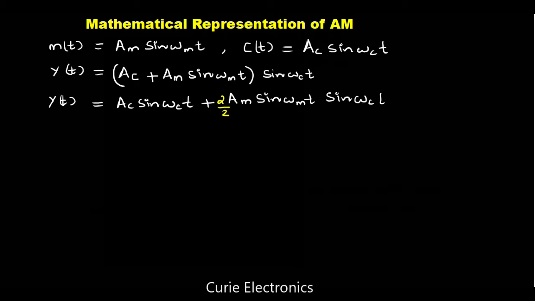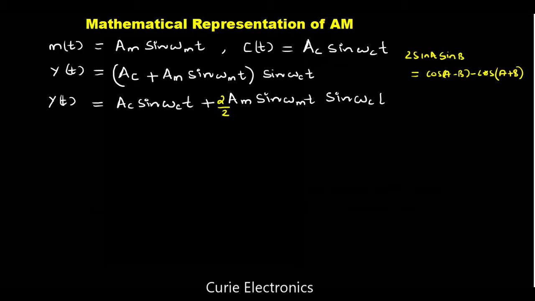Now I am going to apply one equation here. What is the equation? 2 sine A sine B equals cos of A minus B minus cos of A plus B. Now I am going to apply this here.